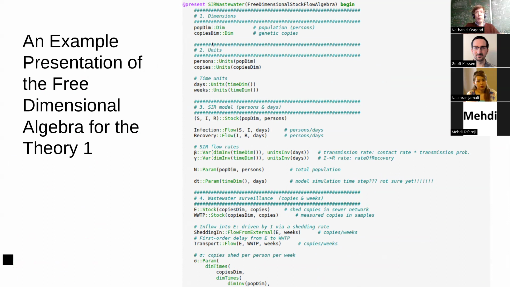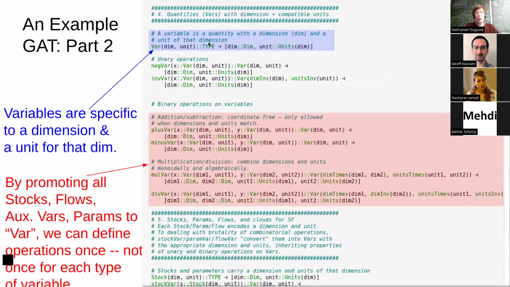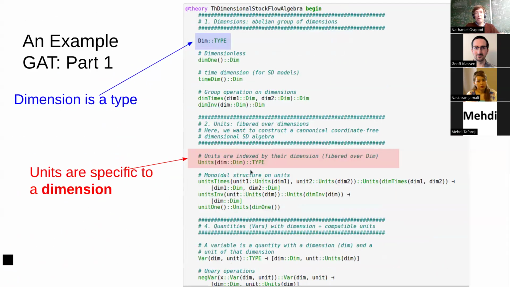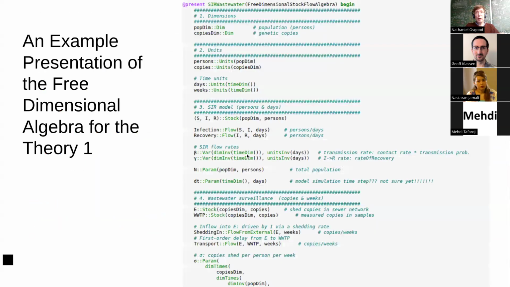So, well, what are our building blocks? Well, they're dimensions. That's a type here. You can bet there's going to be units of that dimension. See, that's a type too. It's a dependent type. This type depends on this value, which is of dimension dim.